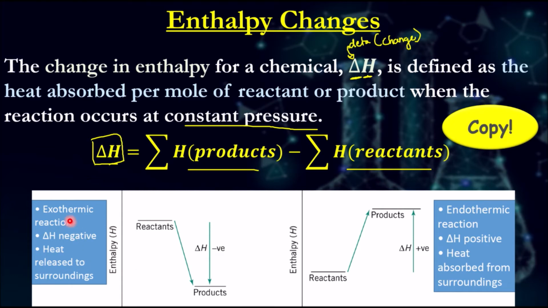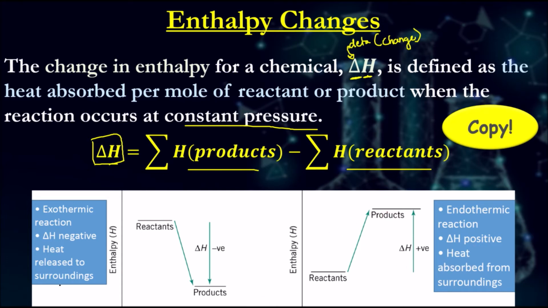Okay, so if it's an exothermic reaction, we expect delta H to be negative, so the reactants will have more energy than the products. Heat is released to the surroundings. So here's the other thing. The reason why delta H is negative is because heat is released to the surroundings. The reason why for endothermic reactions delta H is positive is because heat has been added into your system.